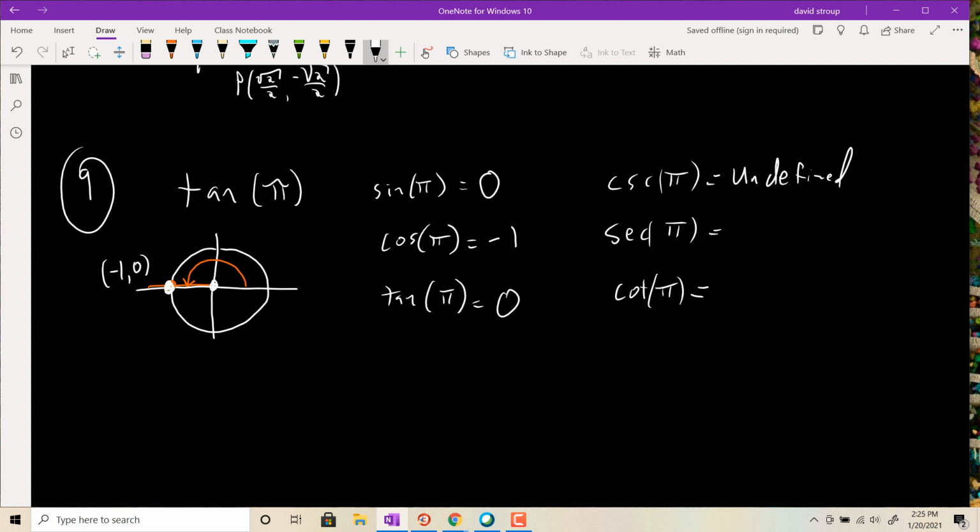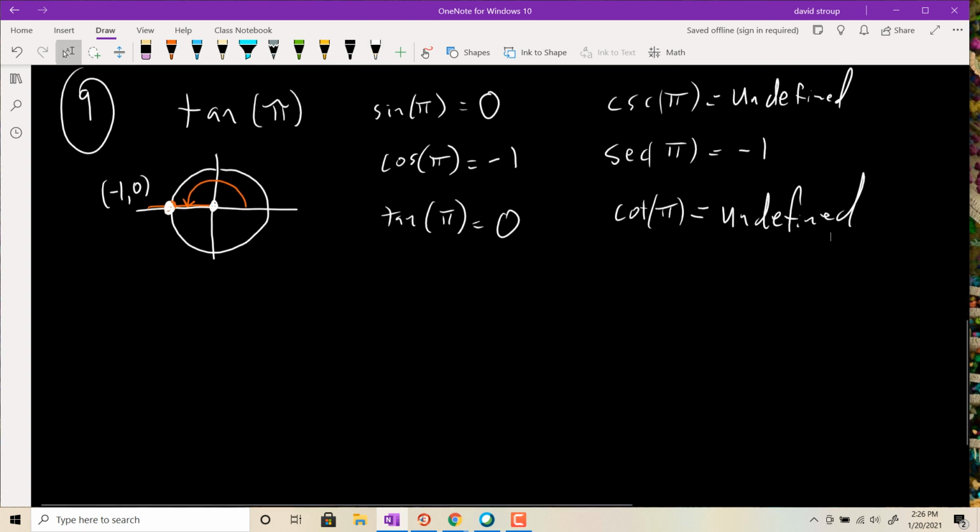Secant of that then is the reciprocal of cosine, so it's just going to be 1 over -1, which is -1. And then cotan will also be undefined, because you can't have something over 0, right? Cotan is going to end up being -1 over 0. In other words, it's undefined.